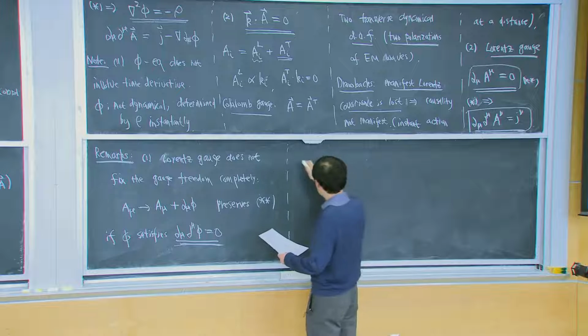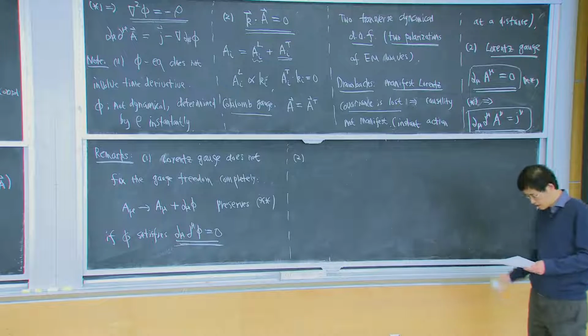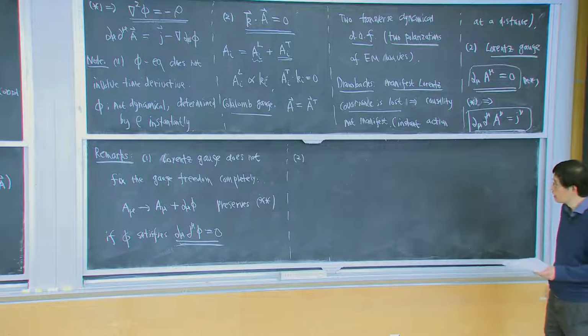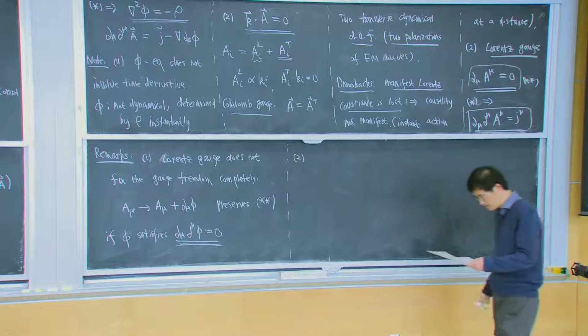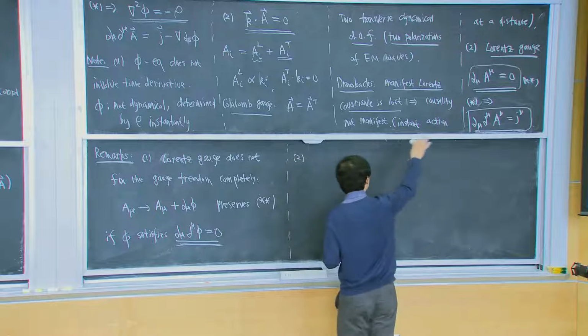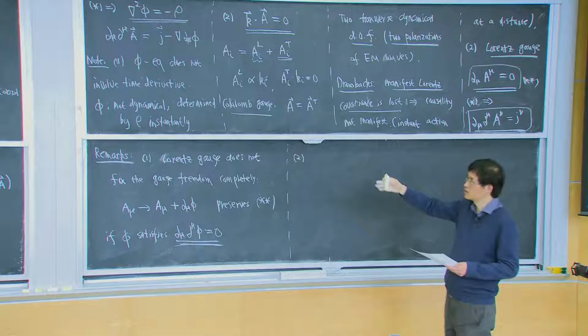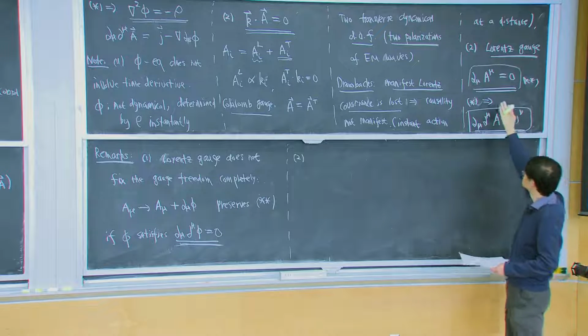The second remark is related to how we are going to treat this Lorenz gauge when we quantize later. There's an alternative way. You can just fix the Lorenz gauge in your equation of motion, anywhere you see this thing, you set it to be 0.